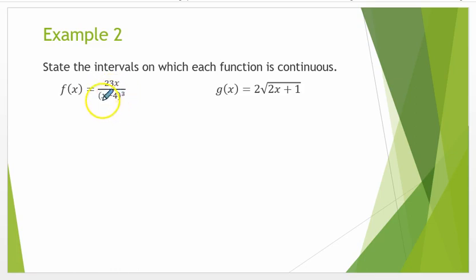Because if I take the factor x minus 4, set it equal to 0 and solve, I find that 4 for x makes this function undefined. But every other number is okay, because we assume all real numbers for our domain. We only look for values that make the denominator 0, or values that make the inside of a radical negative. So on this one, I just need to exclude 4.